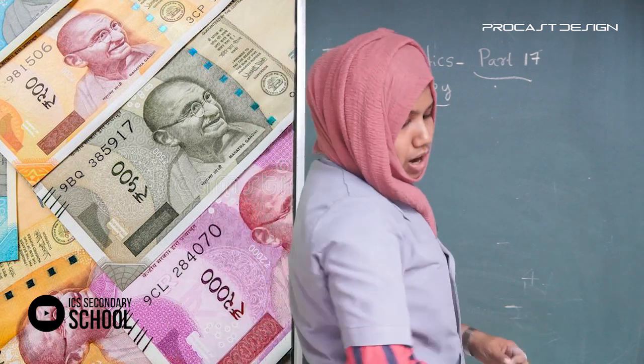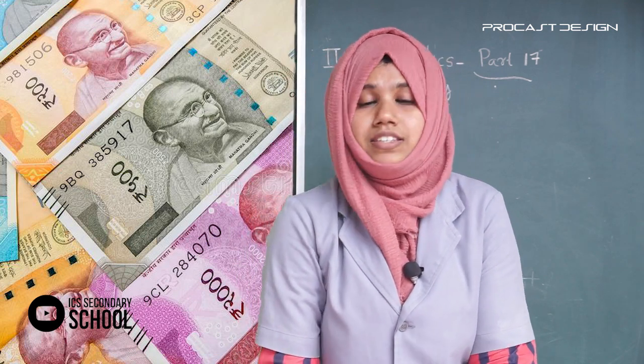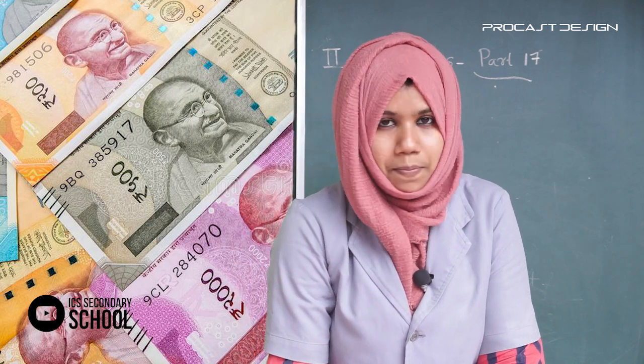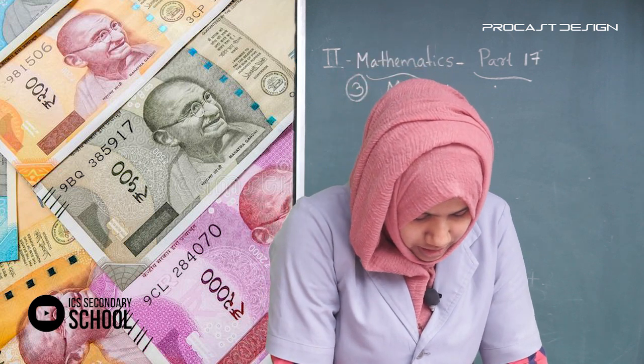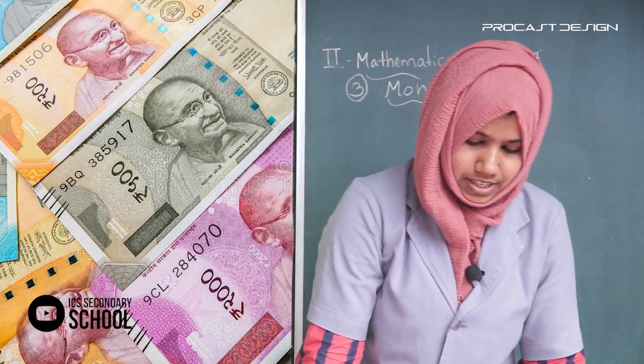Okay, our next topic is addition of rupees and paise. We already learned the Indian notes are counted in rupees and paise. 100 paise is equal to 1 rupee. So here, addition of rupees and paise and subtraction of rupees and paise.